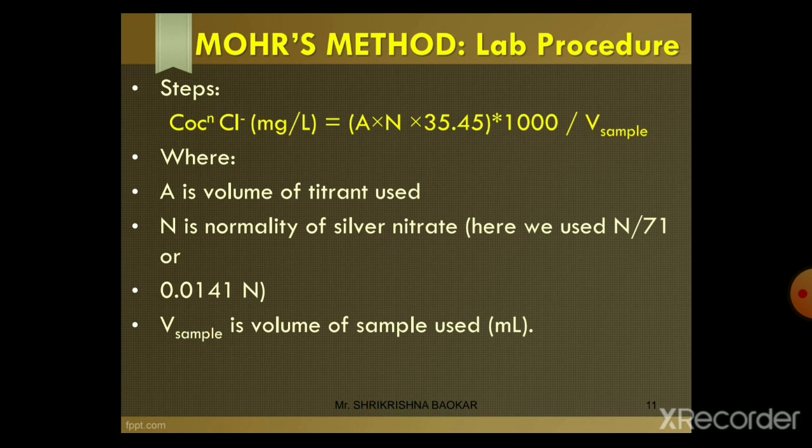Here we used N/71, or 0.0141 normal. V sample is the volume of sample used in ml. Here the titrant is AgNO3 and the sample used is NaCl.